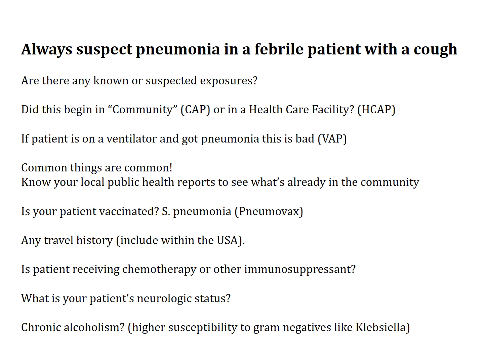Common things are common. Know what's going on in your community. Be aware of your local public health reports. Those are readily available no matter what county you're practicing in the United States. You can see what's being isolated in the community. Southeast Wisconsin does a really good job of this, particularly through the City of Milwaukee Health Department.